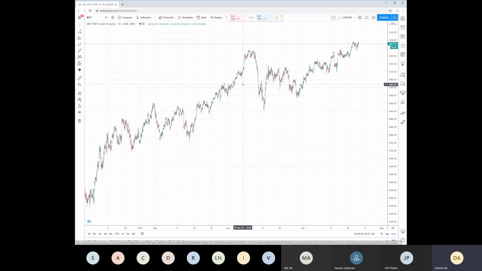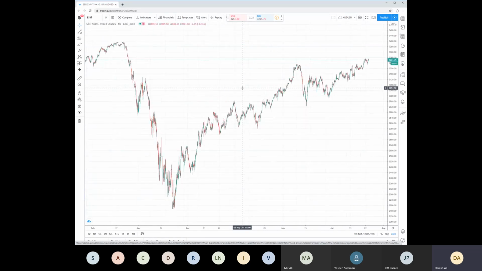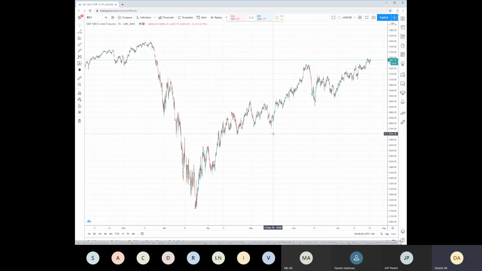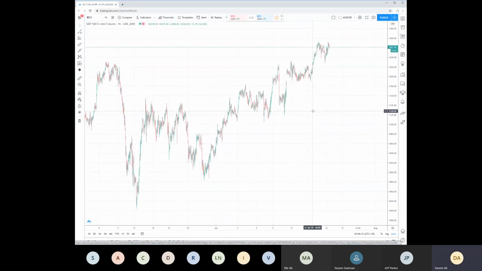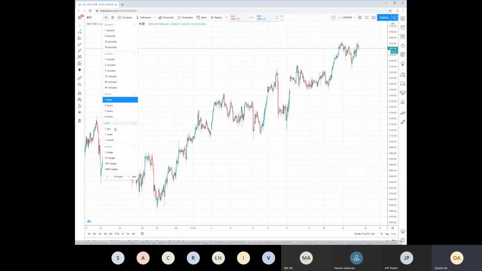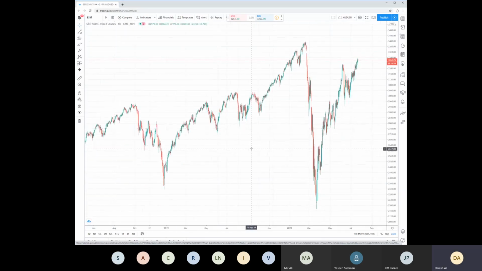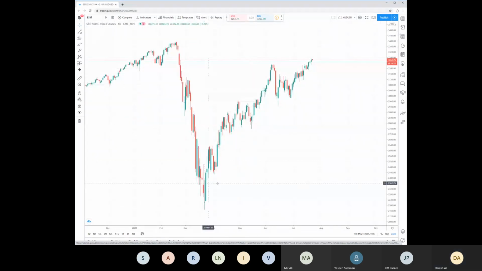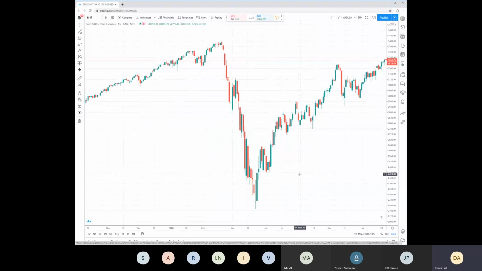There is a constant traction, and I don't need a line to show me. What I do is I just go to a smaller granulation time period and zoom out, and I see a line right there. It looks like a line when you zoom out, right? A thick line. And this is the beauty of the candle, because when you turn it into a daily candle, suddenly the noise goes out. There are clean candles.